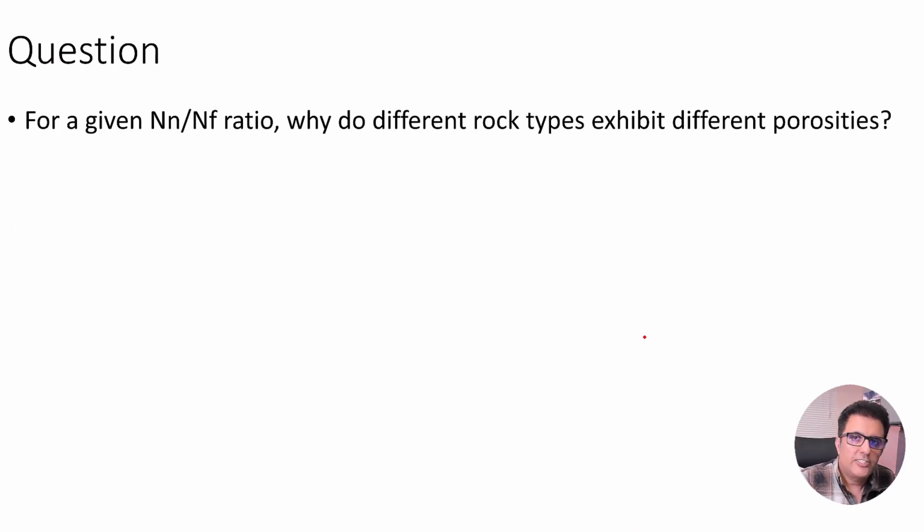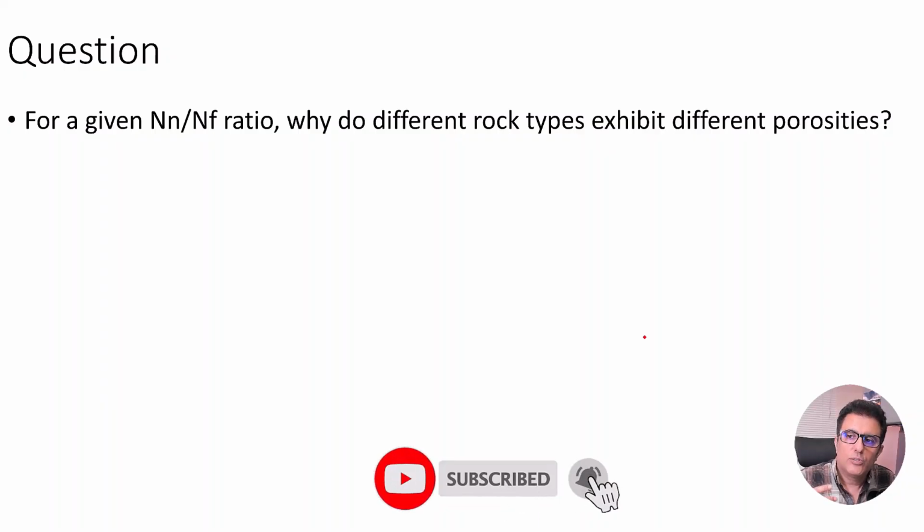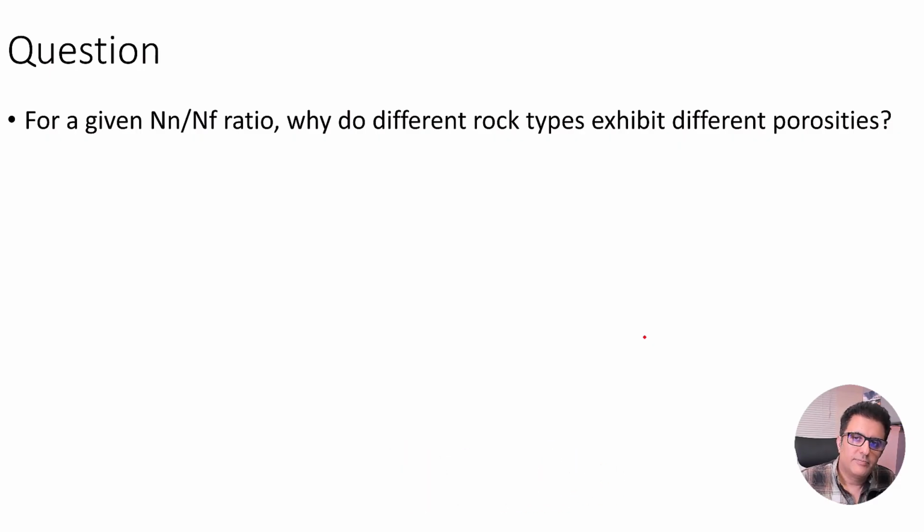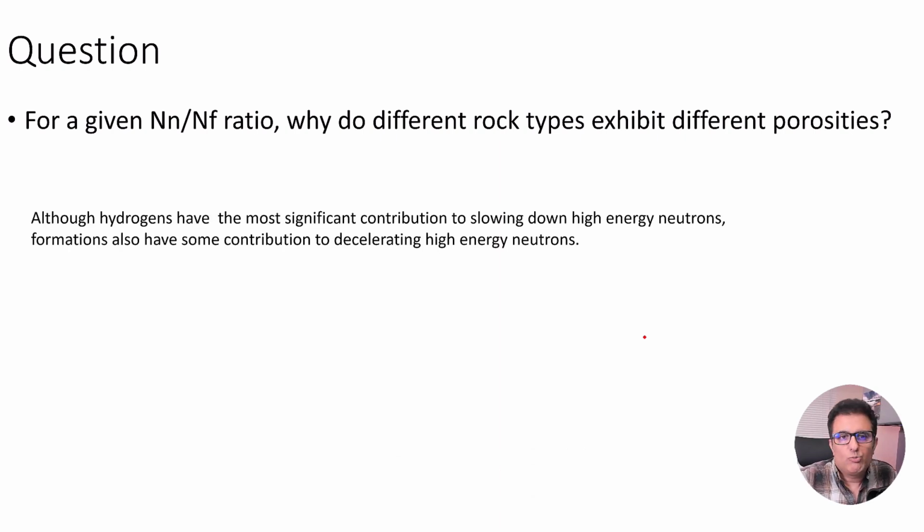Just let me ask you another insightful question. For a given Nn over Nf ratio, why do different rocks exhibit different values for the porosity? The answer is that although we know that the major contribution to neutron attenuation comes from hydrogen, it doesn't mean that the rock matrix has zero contribution to neutron attenuation.